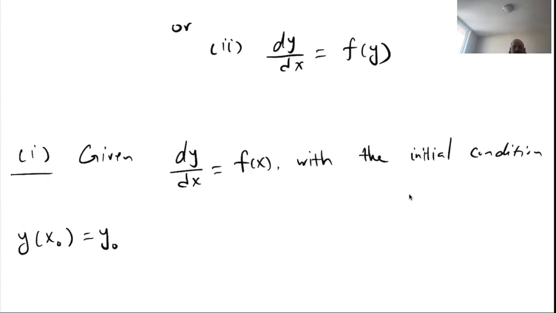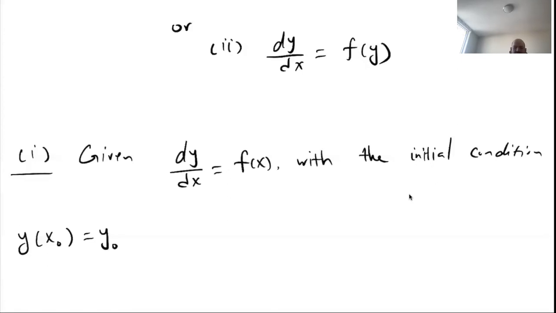Remember, we said that a first order differential equation in general has infinitely many solutions unless you put one initial condition. If you have a first order differential equation with one initial condition, then you have a unique solution. So in order to guarantee a unique solution, because we have a first order differential equation, we need one initial condition.